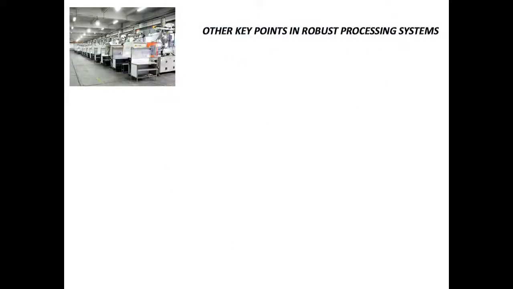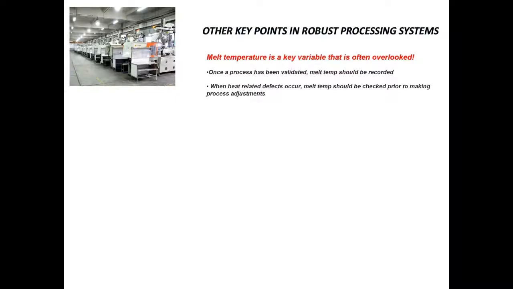Now, some other key points in robust processing systems, and we're just going to revisit melt temperature because it's a key variable that's often overlooked. Once a process has been validated, the melt temperature should be recorded. So let me tell you the process validation rule that I followed. Generally, once a process has run for 8 hours with 100% production, 0 to 1.5% scrap and high yield, then I would record that process as far as the process set points.